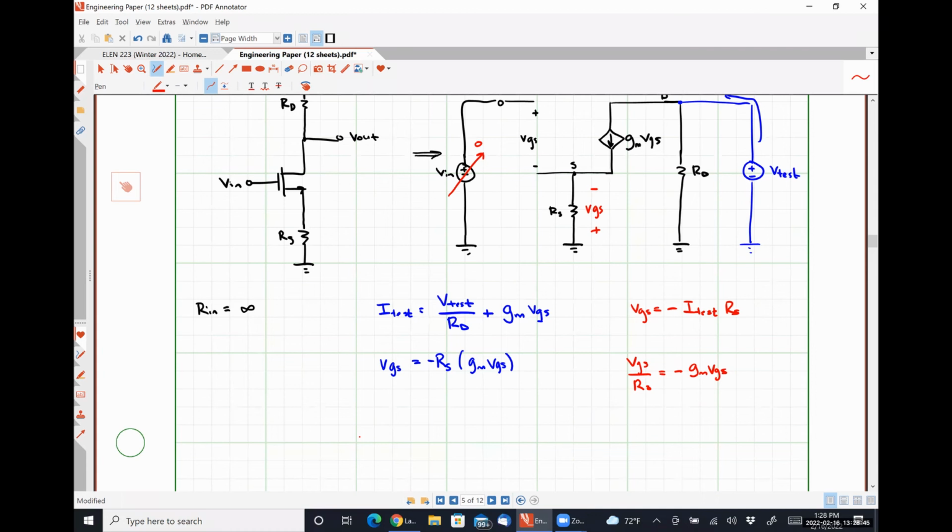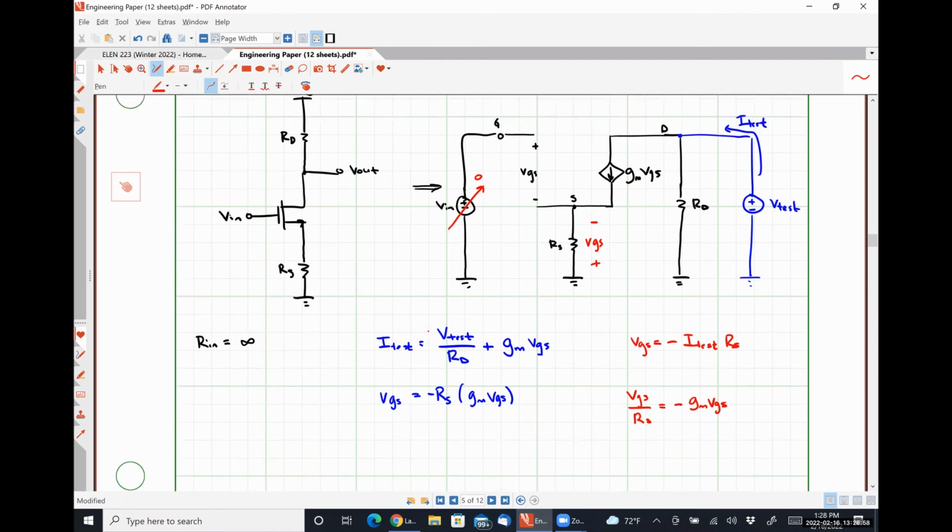Right, but I feel like that's summarized in these two identical equations right here. Oh, do we have a voltage drop across the voltage controlled current source? The same relationship as it was earlier. So in this case, that voltage drop across the current source is going to be VDS, which is simply VTest minus negative VGS, so VTest plus VGS.